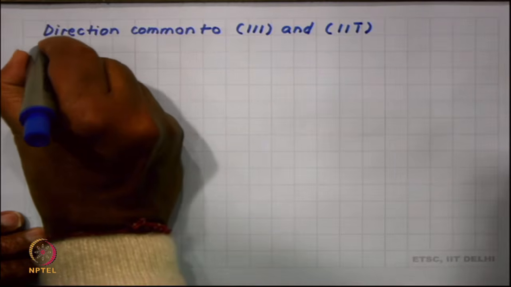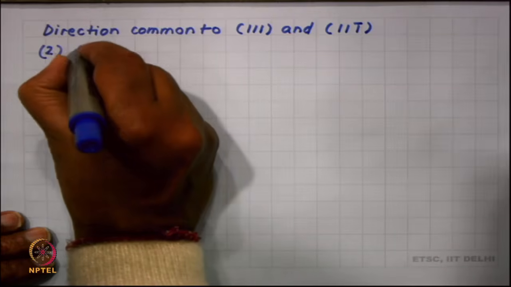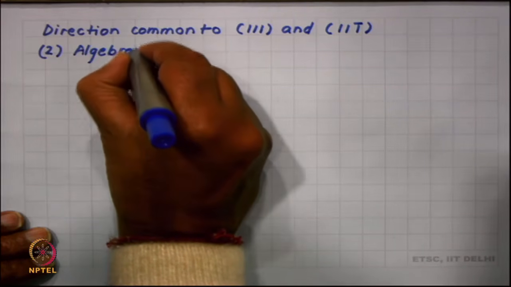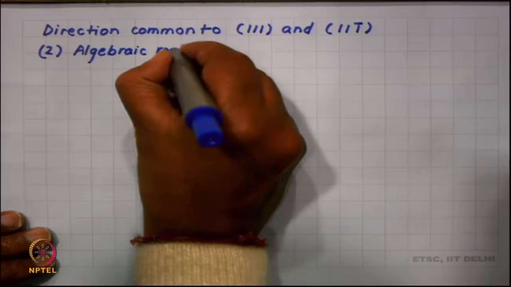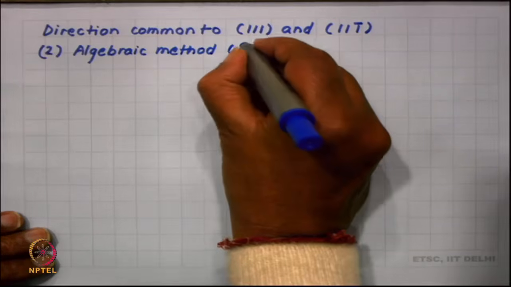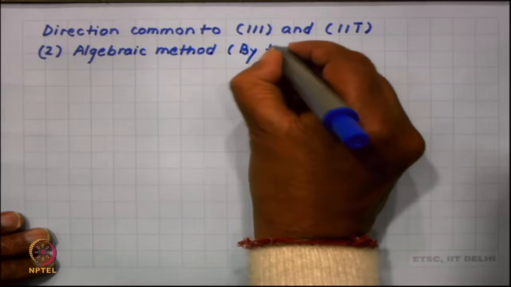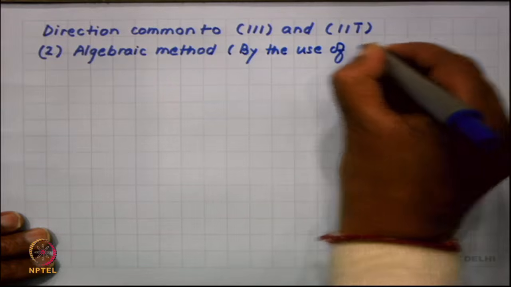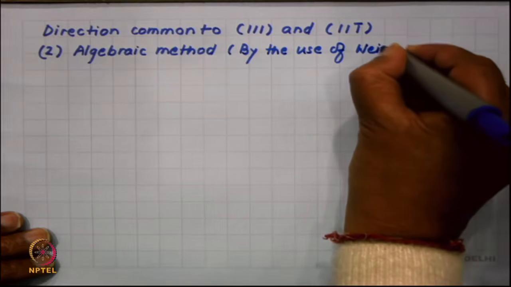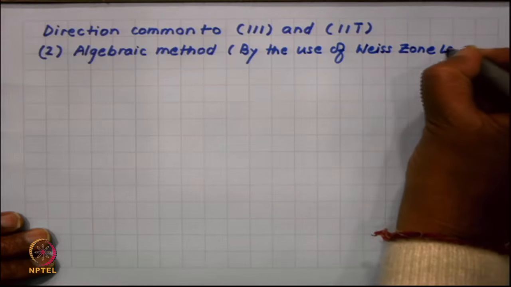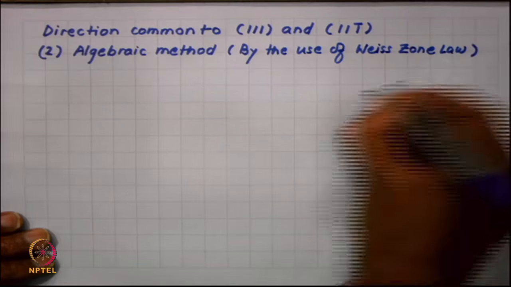So, now the second method, algebraic method, I will call that, by the use of Weiss Zone law.